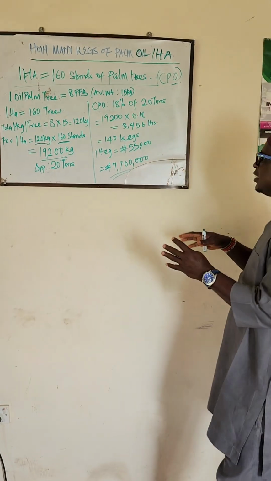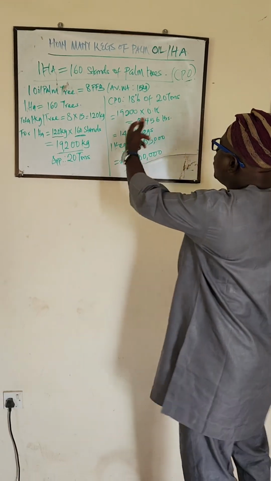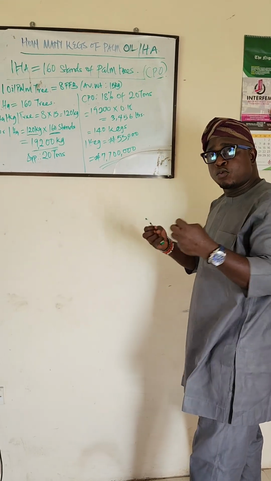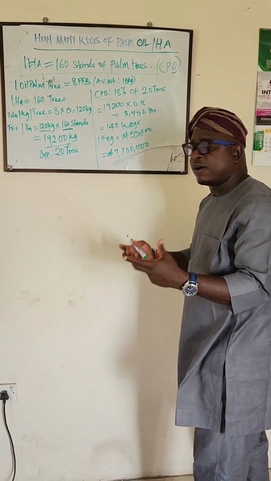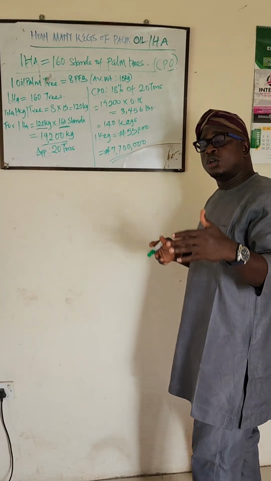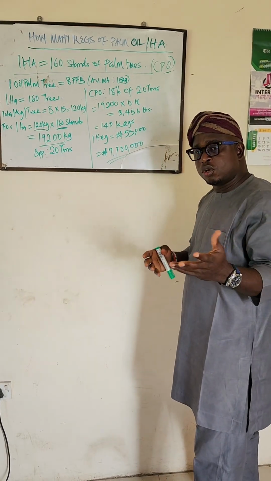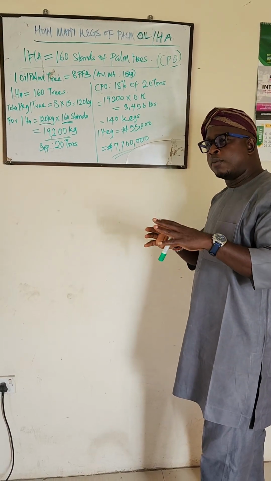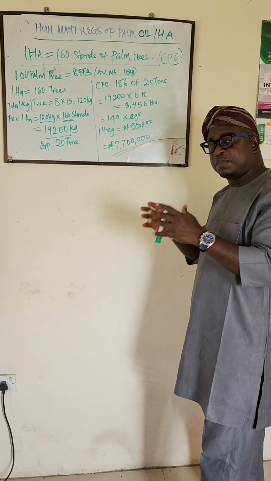If you want to process this to make CPO, which is the crude palm oil, the epo that we eat and that we sell, the method of extraction you use will also determine your CPO yield.